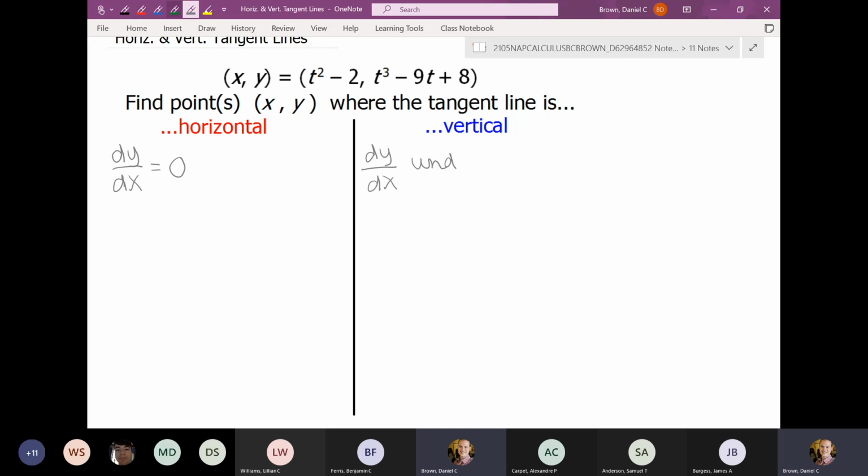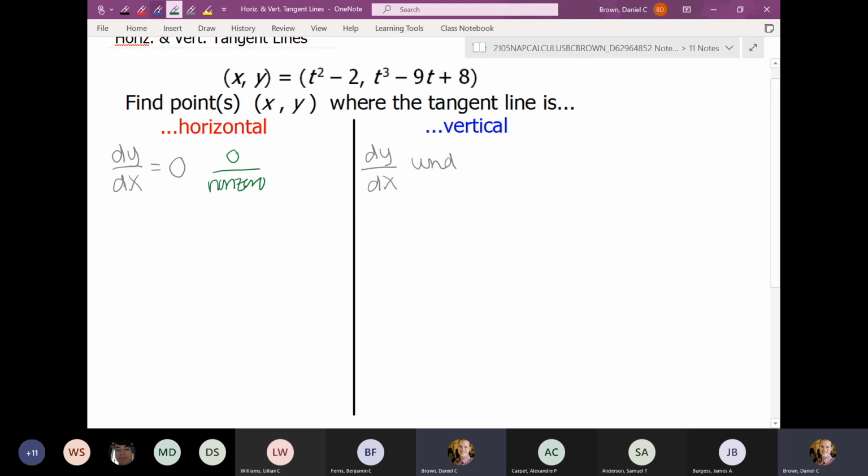Talking about the horizontal one first, how are we going to have a slope of 0? Thinking back to when we solved a lot of these problems, we typically had a slope of 0 when the numerator was 0, and the denominator is just something that's non-zero. We don't want to have 0 over 0.